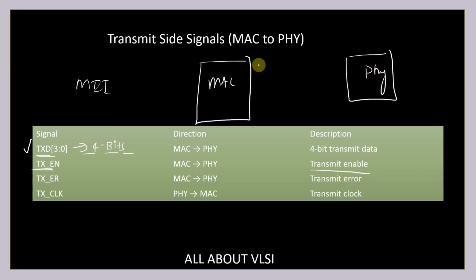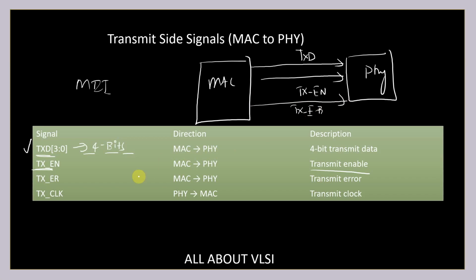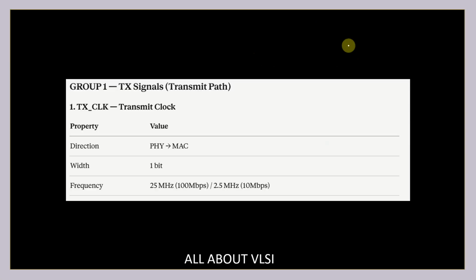TXD is for transmission, and next is TX_EN, which enables this particular transaction, letting the physical chip know. Next is TX_ER, transmission error, which indicates if there is any error in the transmission. And next is TX_CLK. The clock we will be getting from the physical chip to the MAC. We already discussed this when we discussed the preamble.